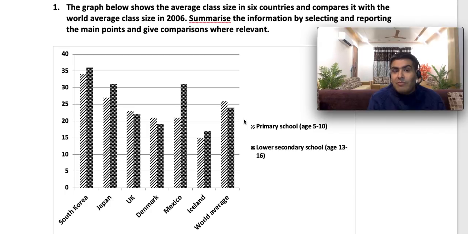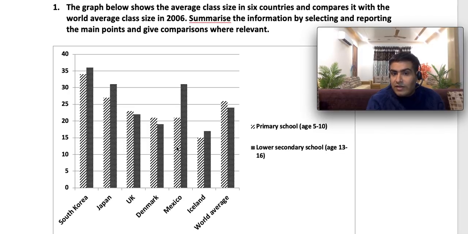So remember, we also discussed there's another type of comparison between primary school and lower secondary. What I do is I focus on that comparison in the body paragraphs. So I'll take the primary school class size and compare it with the lower secondary school class size. So if you look at the data, if you can see my cursor, see the countries: South Korea, Japan, Mexico, Iceland.